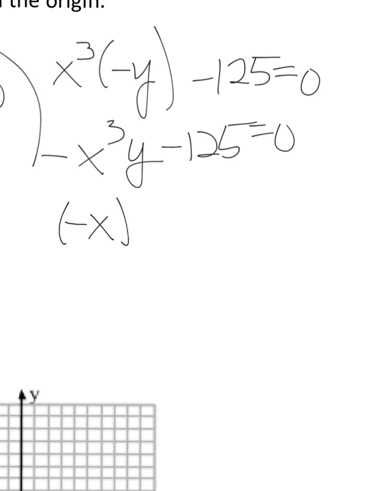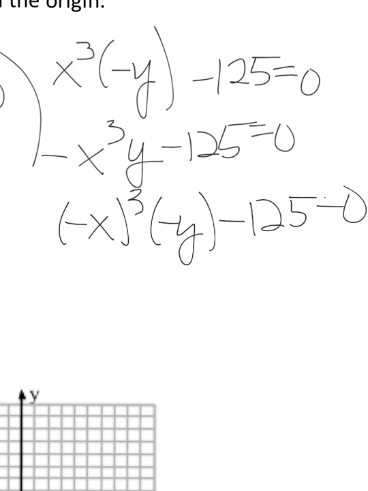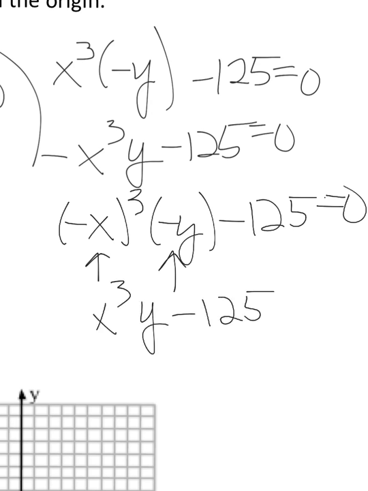And then if we do our last test of negative in both, well, we saw that this would produce a -x, this would produce a -y. So if we move both those negatives out front, that turns positive. So we have an equivalent equation here.